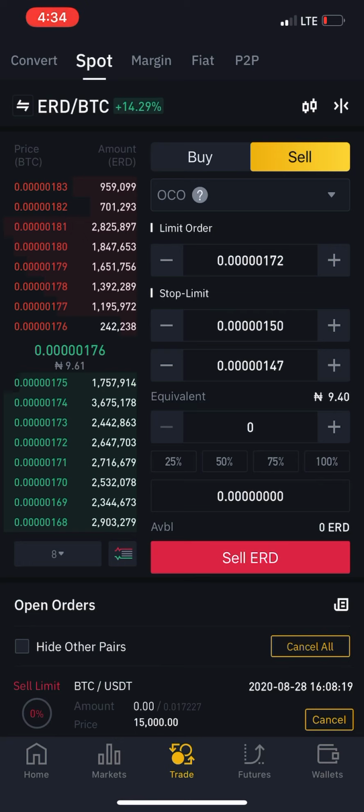Even if your stop loss is at 200, your trigger price should be at 203 or 205. If your stop loss is at 195, your trigger price should be at 198. It should be higher than your stop loss. Are you getting my point now? So once you do it, you click buy.